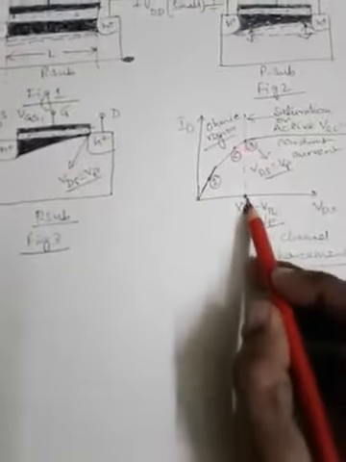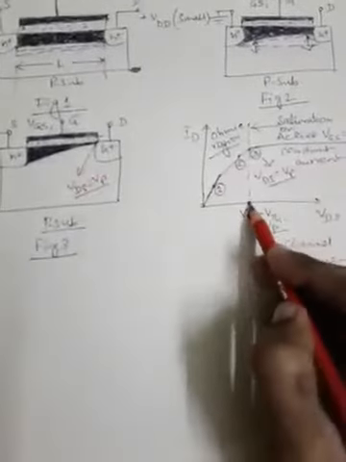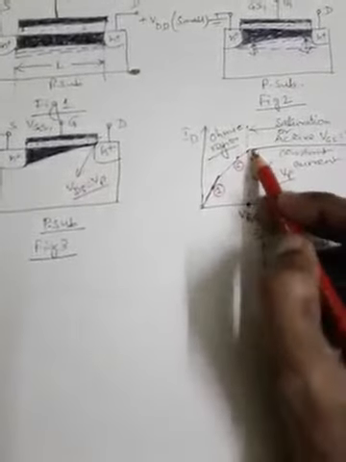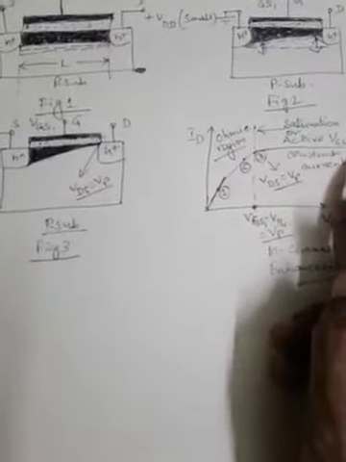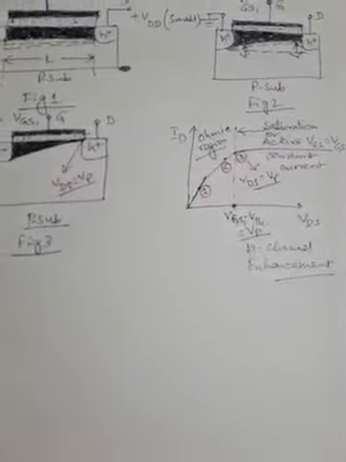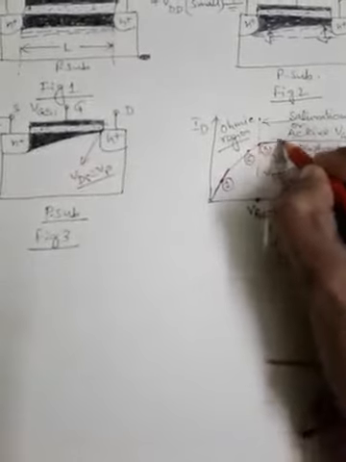Suppose after this VDS equal to VP point is achieved, that means this point number 3, the stage number 3 is achieved, and after that we are considering the VI characteristic as constant. In reality this characteristic will not be constant, but it will go slightly higher up.